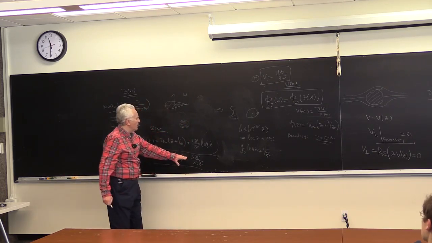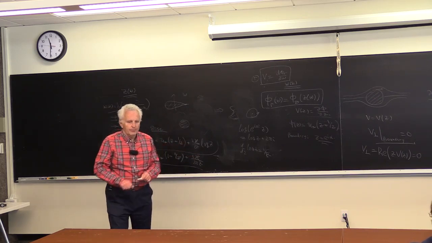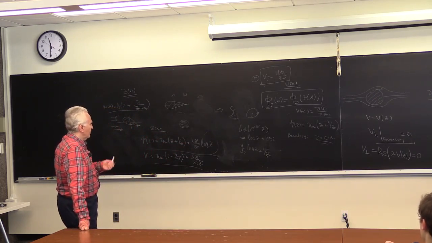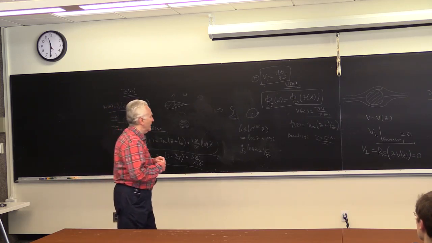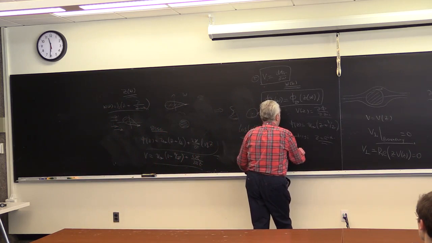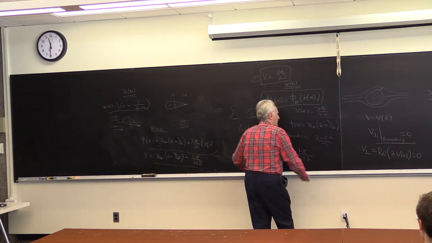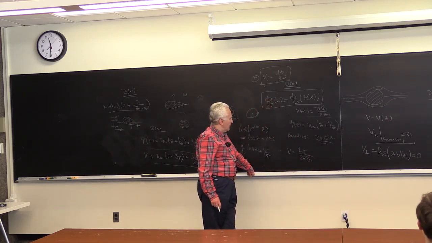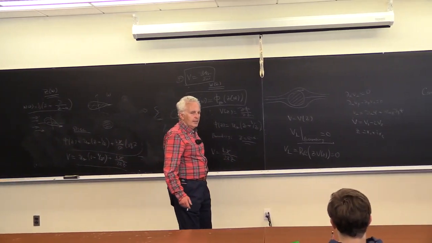This velocity distribution alone should remind you of something. We actually encountered it. What is it? The velocity, in complex notation, is i kappa divided by 2 pi z. The velocity in a vortex?